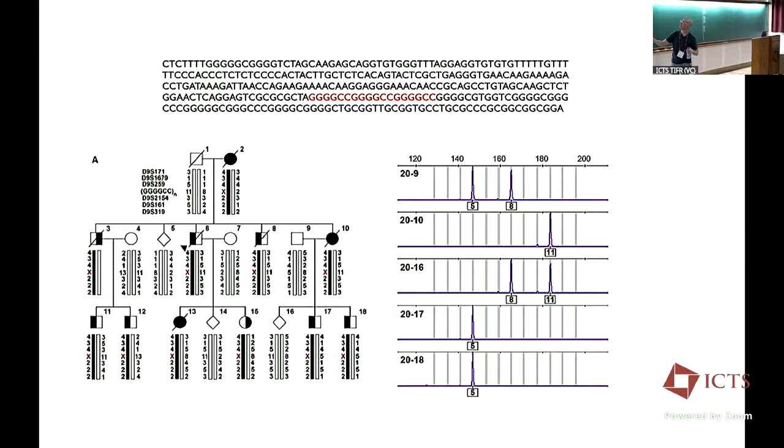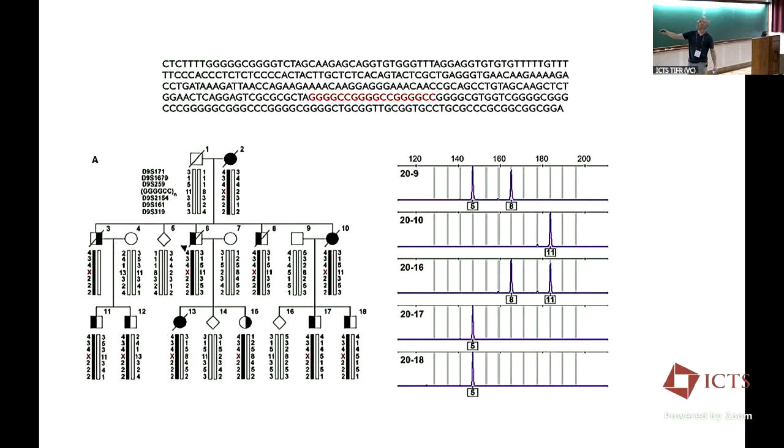Closed circle is the mother who has had ALS, and then 16, 17, 18 are three children. 17 and 18 are affected, and 16 is unaffected. If you look at the father, everyone has 2 copies, right? The repeat length is 5 for the father and 8 for the other allele.